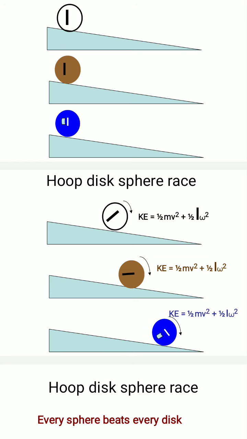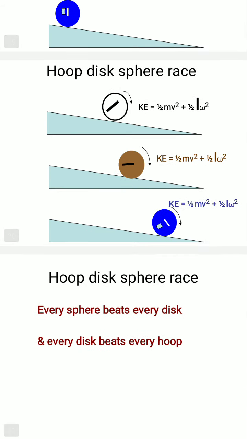So it will move faster. The smallest moment of inertia body will move faster, so it will reach first. The second one will be the disc, and the third one will be the hoop. So every sphere beats every disc, and every disc beats every hoop.